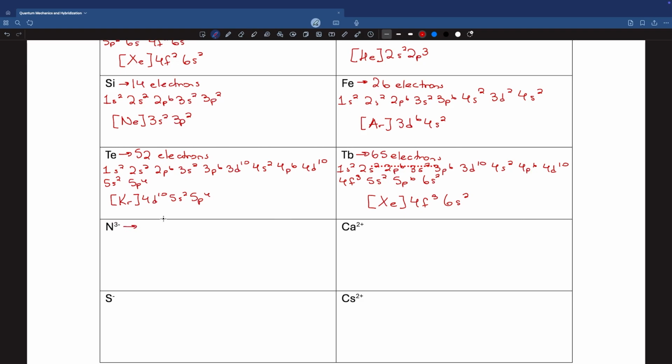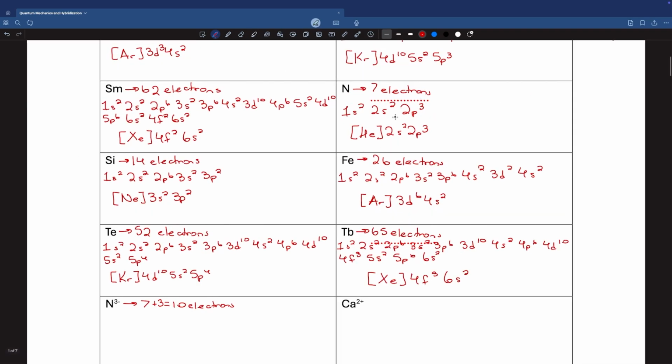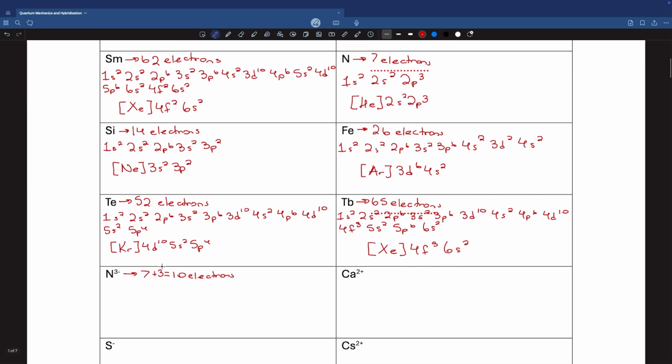Our next element is not really an element at all, it's an ion. We have nitrogen with a -3 charge. Pretty interesting. And so nitrogen with a -3 charge, what we can do is regular nitrogen, well, it has 7 electrons. But since we have a negative charge, we're going to add 3 electrons to that, which gives it 10 electrons. And so maybe a little shortcut, we can just look at our nitrogen example from before, but let's just rewrite this, right?